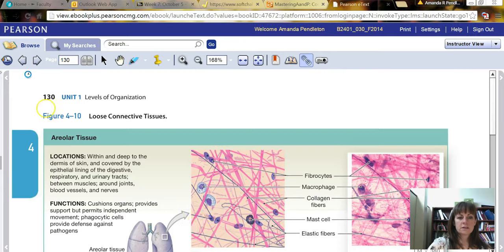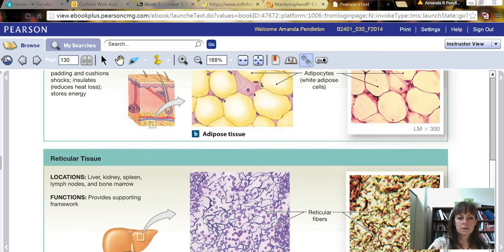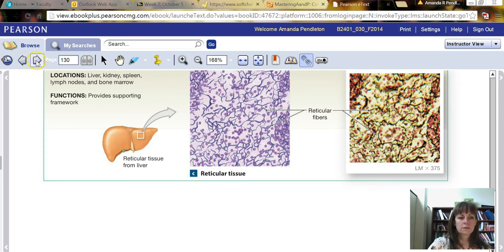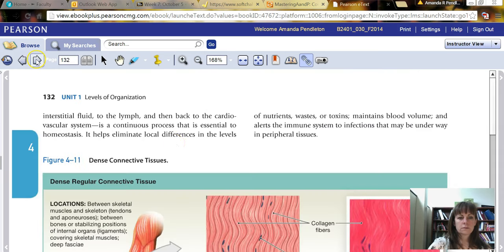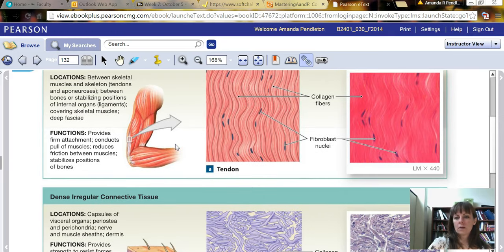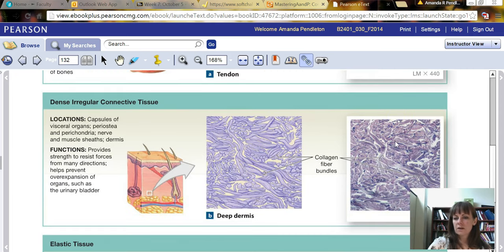Okay, so if we look at an image of this, images of the dense tissues. Let's see. Okay, here we go. You notice here you can see these dense fibers are all going from the top to the bottom. This is dense regular. Whereas underneath we've got dense irregular, and some of the fibers are going this way, some are that way, some are the other way.